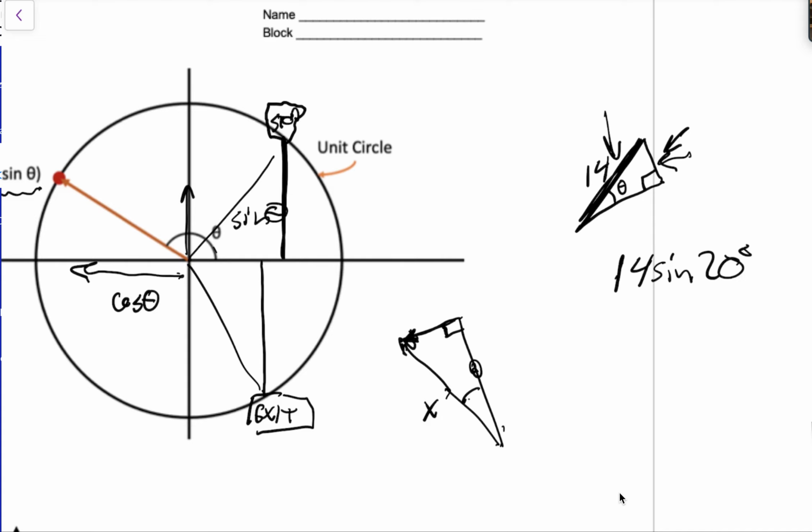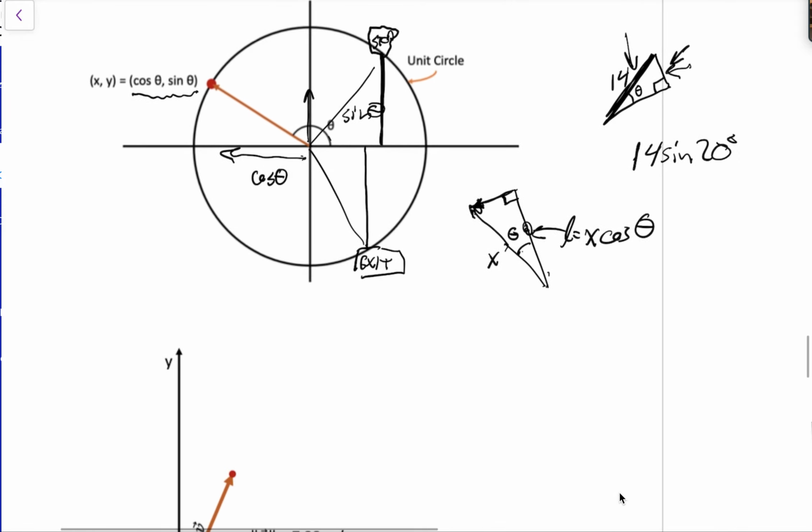So the length of that side is given by x times, let's put theta in there, times cosine of theta. Put L equals. All right, that's the way I want you to think about finding the length of these sides. Don't use SOHCAHTOA. All right, enough of that.